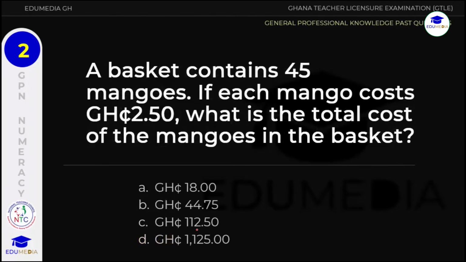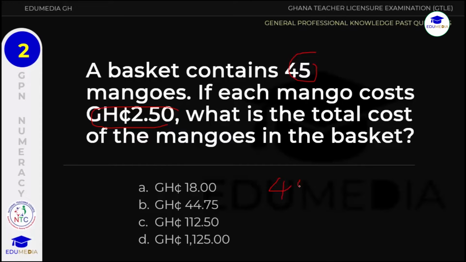Question number 2. A basket contains 45 mangoes. If each mango costs 2 cedis 50 pesewas, what is the total cost of the mangoes in the basket? For this question also, we have the total number of mangoes that is given to us, and then we have the unit price of the mango, that is 2 cedis 50 pesewas. Simply, what we're going to do is take the total number of mangoes that we have in the basket, multiply it by the unit price.